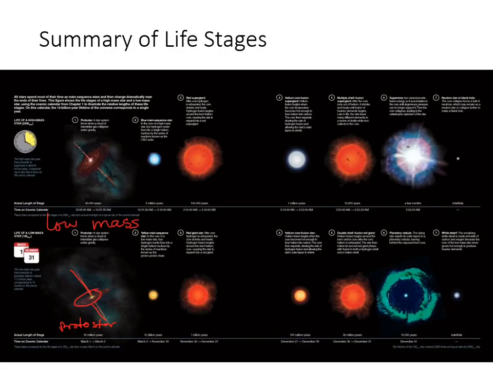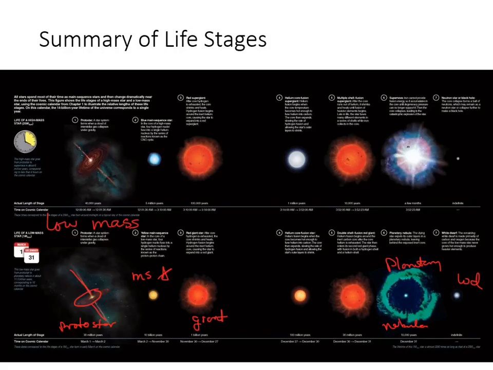Then we have a main sequence star, MS for main sequence, and here we have a giant. That's assuming it's not going to be a red dwarf. Then over here we have your planetary nebula. And if it's a low mass star, here we have your WD for white dwarf.